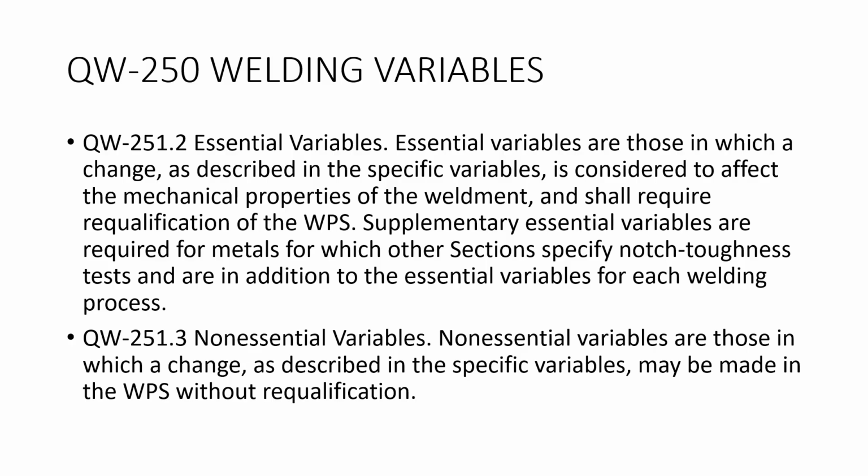And then non-essential variables, those would be things when we change them, it doesn't affect things. An example like that would be using a certain type of wire brush when you're welding. Maybe we have a customer that wants their welds cleaned only with some type of magical stainless steel wire brush.